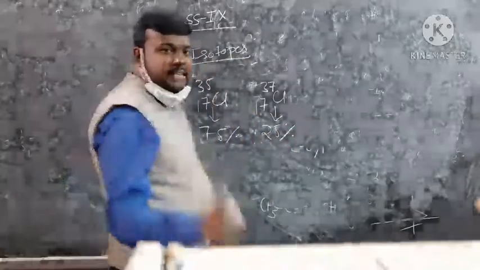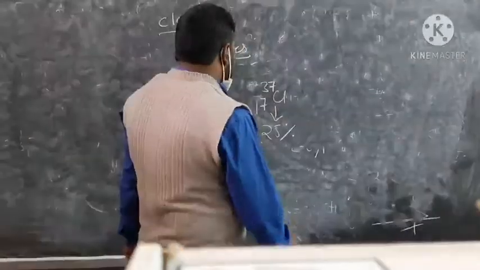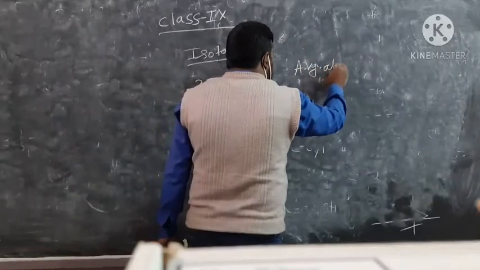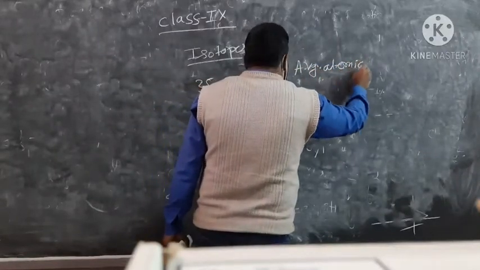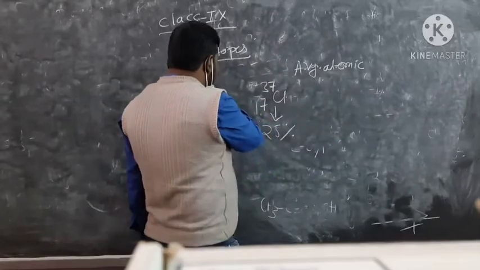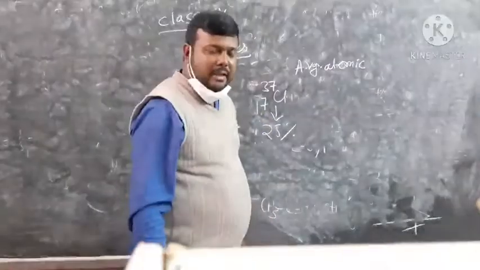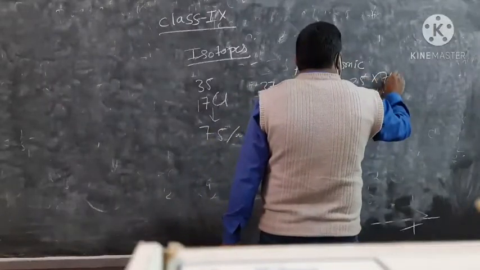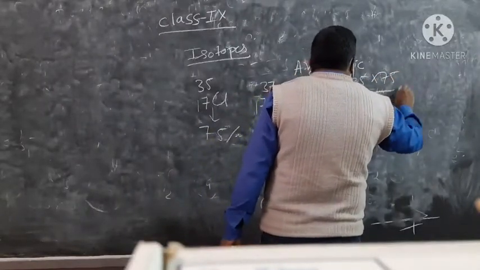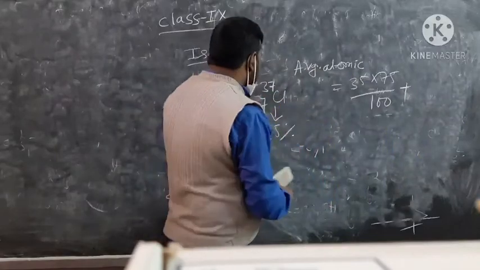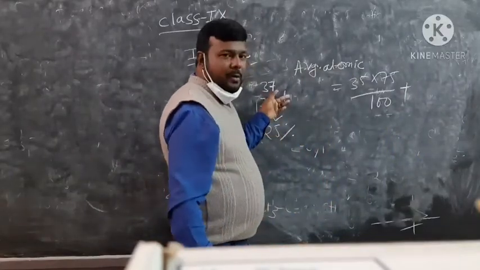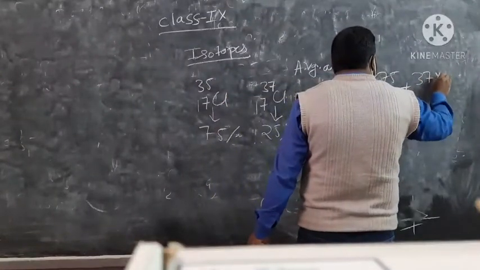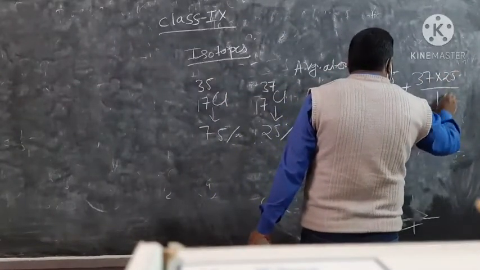Now when we calculate the average atomic mass, 75% of the atomic mass will come from chlorine-35. That means we have to take 35 into 75 divided by 100, plus 25% of the atomic mass of chlorine-37, that is, 37 into 25 divided by 100.